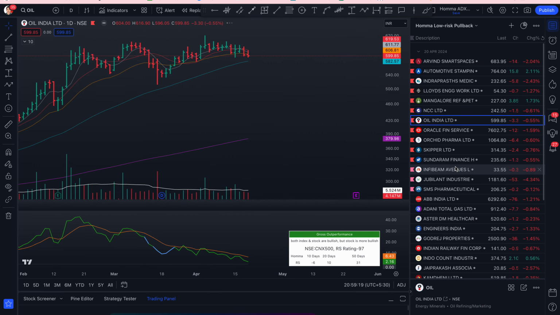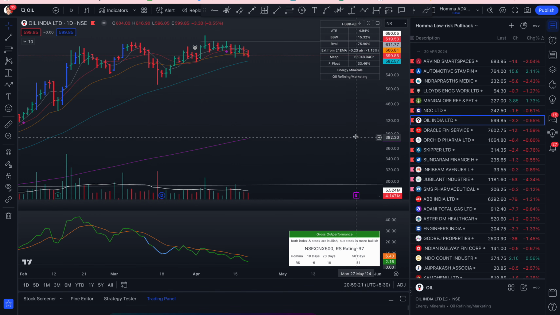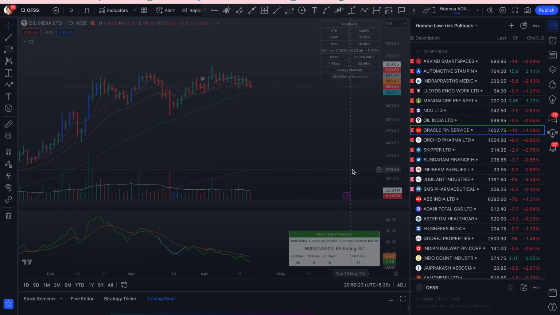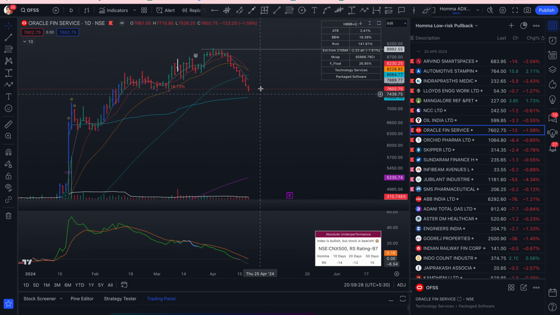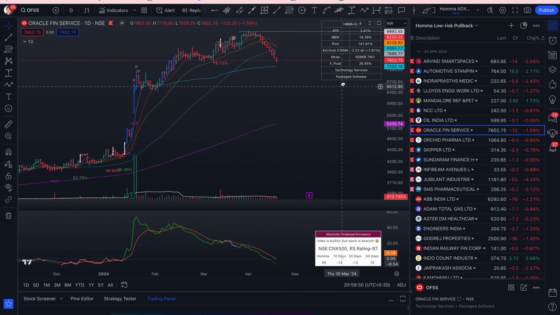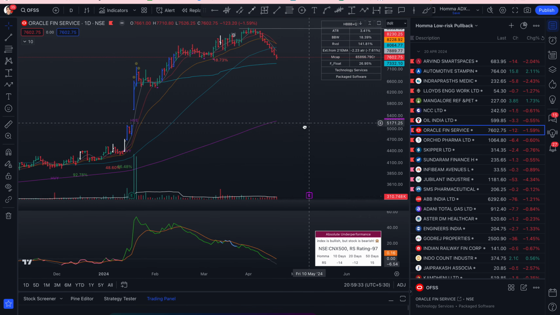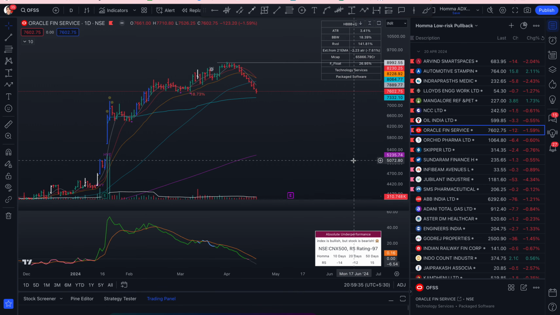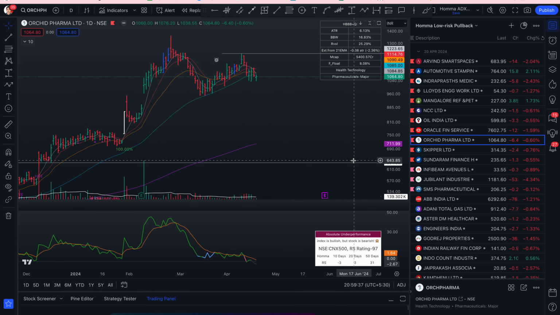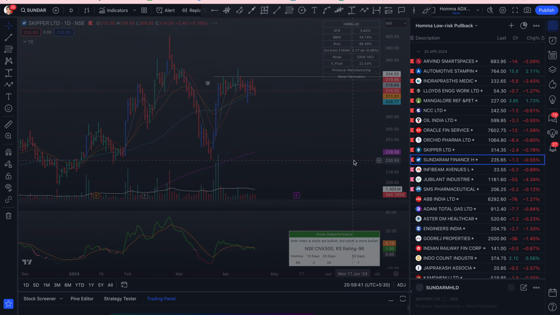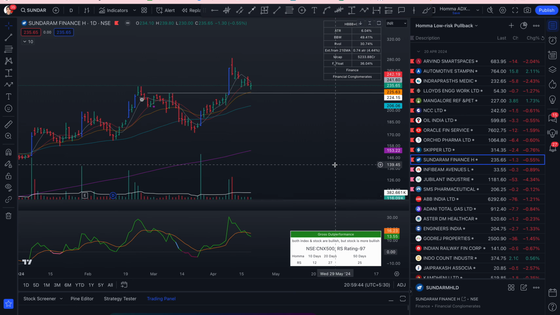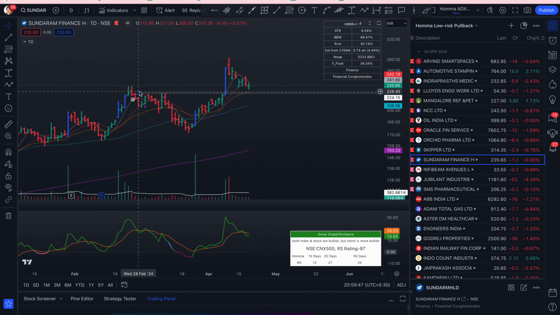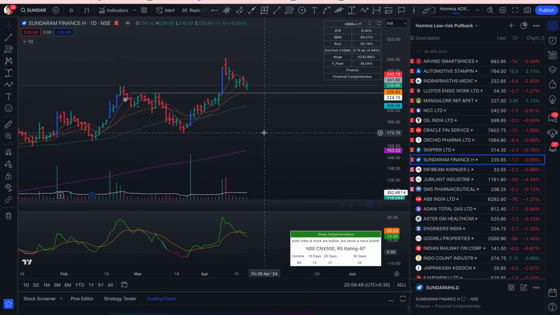NCC 95, Oil India 97. Meaning below 80 we don't even look. OFSS, this is because at 50 and 200 it has done really well. That's why it's still showing 97. Orchid Pharma 97, Skipper 96, Sundaram Finance, really amazing stock. Broken out, now pulling back to the breakout zone. When the breakout happens, the Mars has to point up.